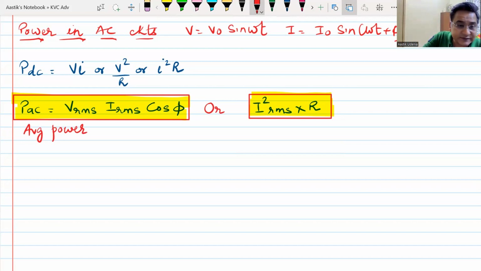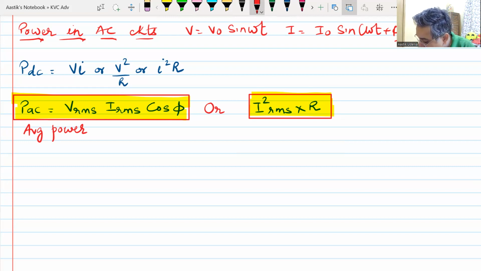Do we understand this? Whenever anyone talks about power in an AC circuit, he is always talking about which power? RMS. He's always talking about the average power in that circuit over one cycle.